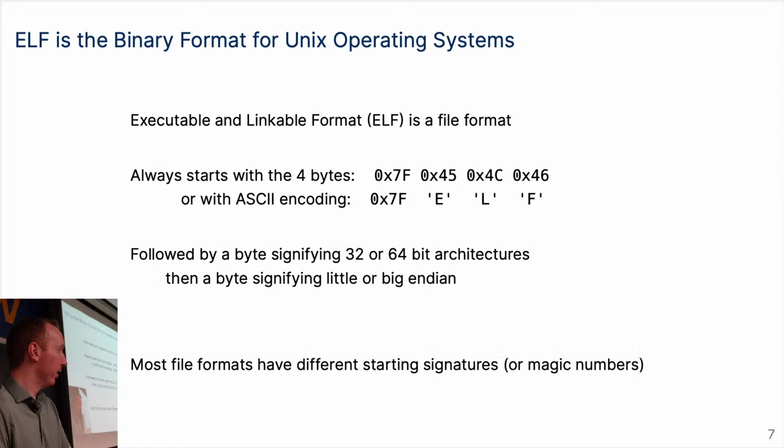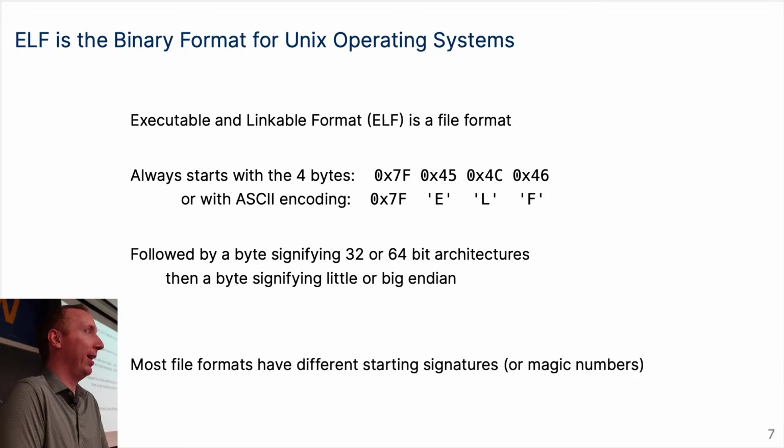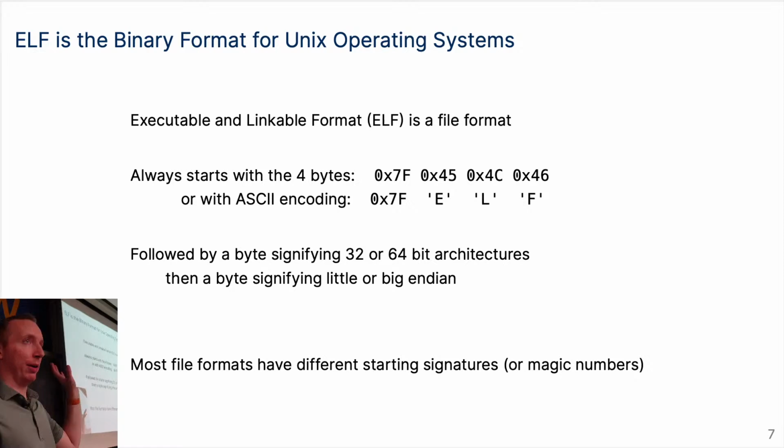So a file, right? A file is just a format. It's just a bunch of magic, kind of. A file is just a bunch of bytes, and the only way the operating system knows what a file is is essentially by reading the first 4 bytes.